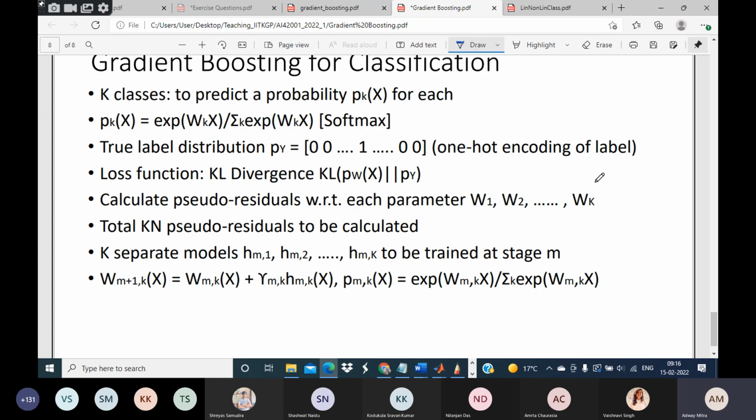So it will give you some vector and you will have to convert it into a probability distribution using a softmax function. Did you come across this softmax function while dealing with neural networks?